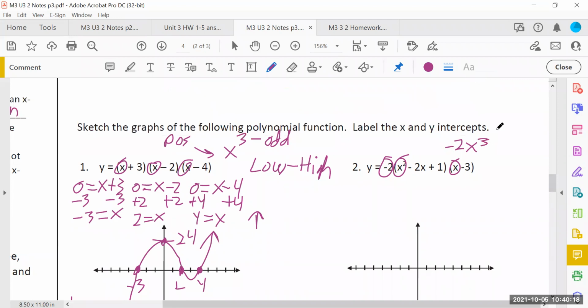So -2 x to the third power, that's going to be odd and negative. That's going to give me high, low. So I can put that in right now. It's going to start up high and down low.